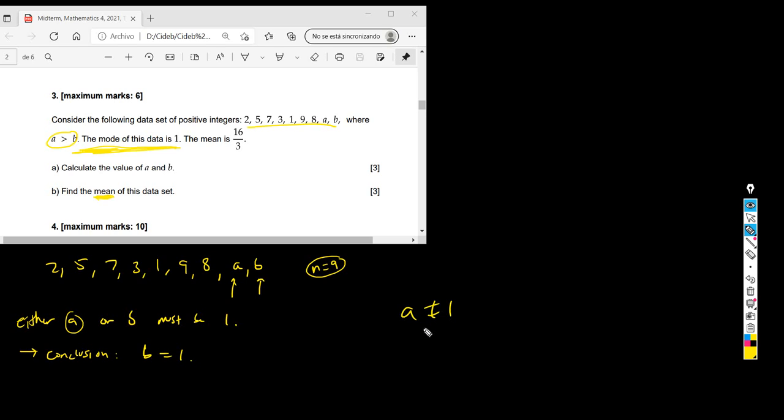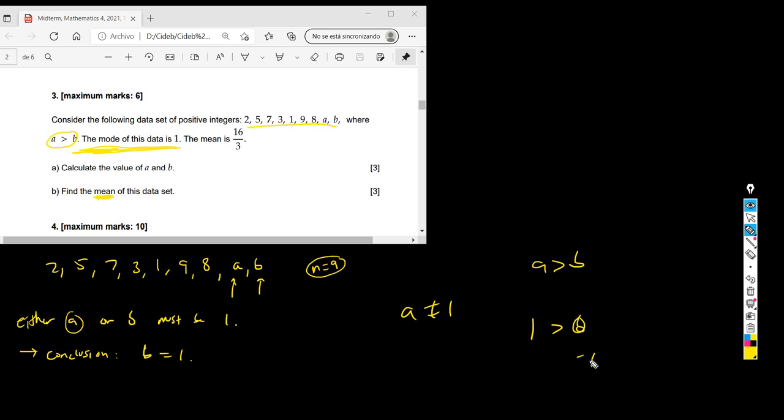A cannot be 1, because if A is 1, then I would be saying that 1 is greater than B. That would mean that B is less than 1, which is impossible, because all of these numbers are positive integers. B cannot be 0, for example, because 0 is not a positive integer.